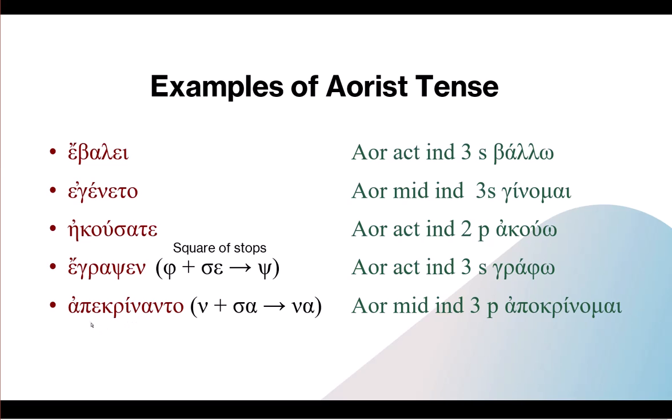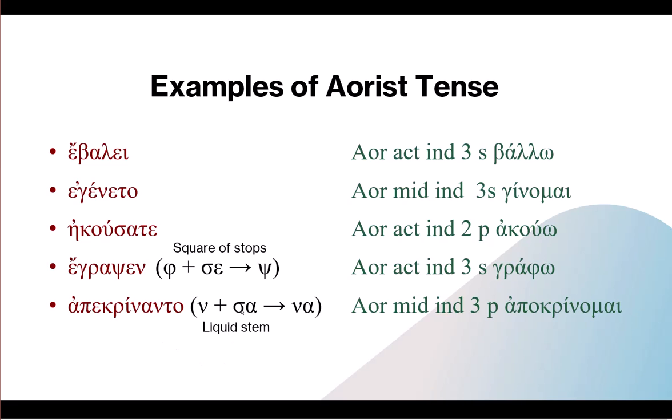Another example is apekrinanto. Apekrinanto. This comes from apokrinomai. Now notice what's happening here. We have the sa tense formative bumping up against a liquid stem ending. So apokrin, and we studied liquid stems back when we looked at future tense as well.